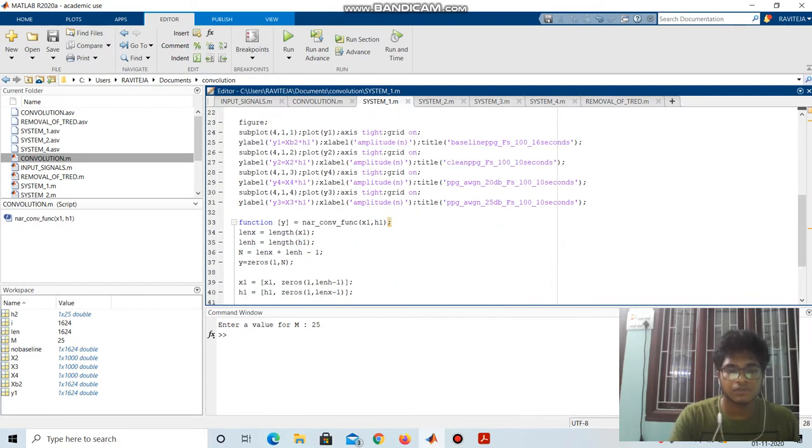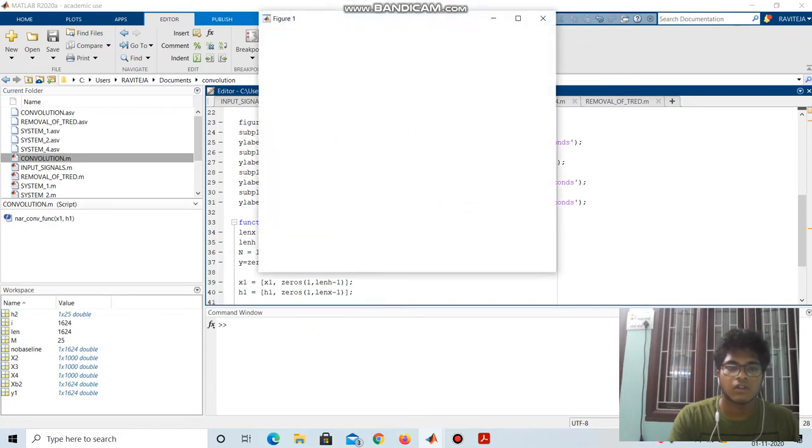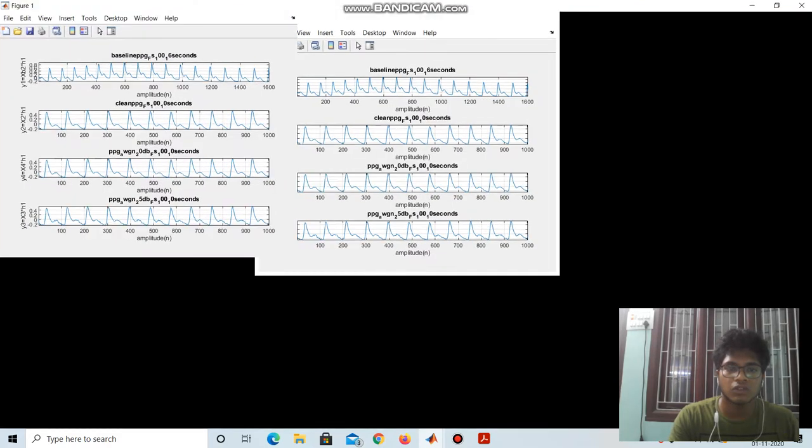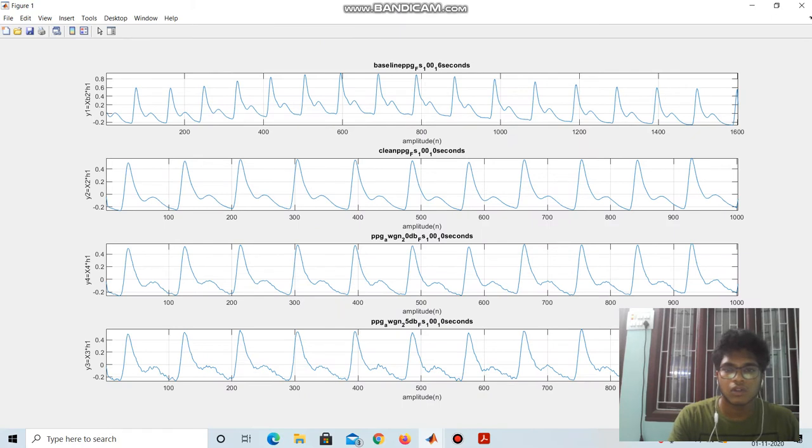After that, we have plotted all these output functions in a figure window. If we run the program, we can see the output. It may take time. Okay, these are the outputs. We can see for each system the outputs are given.